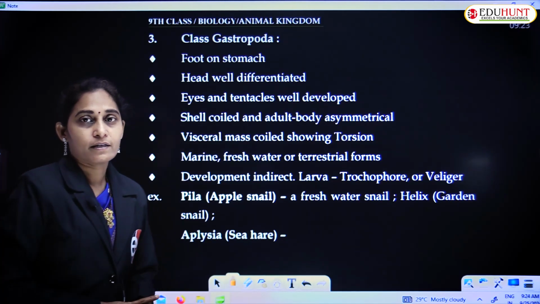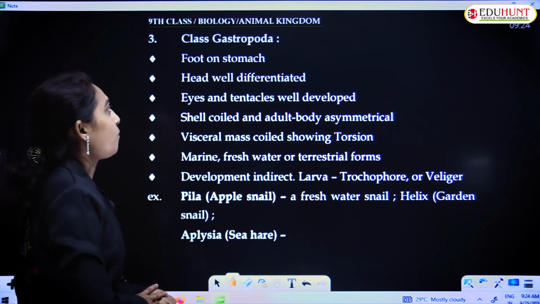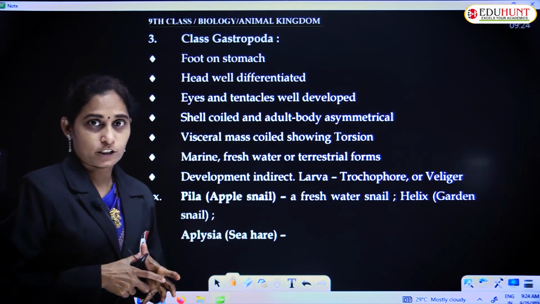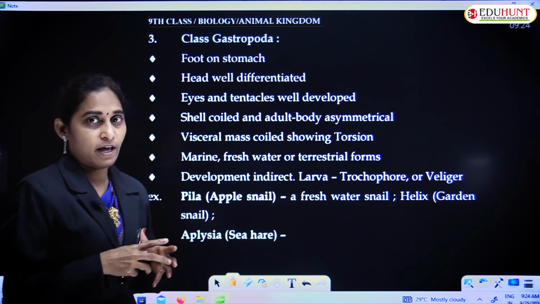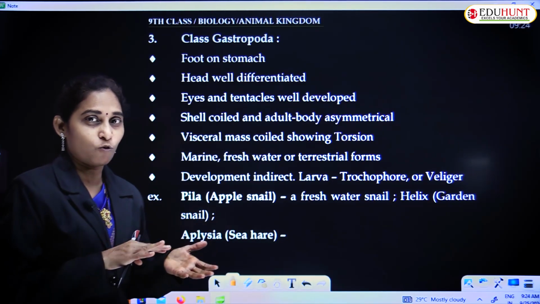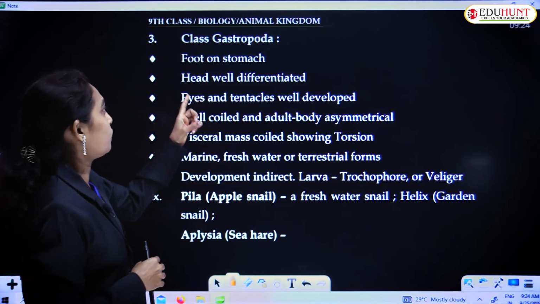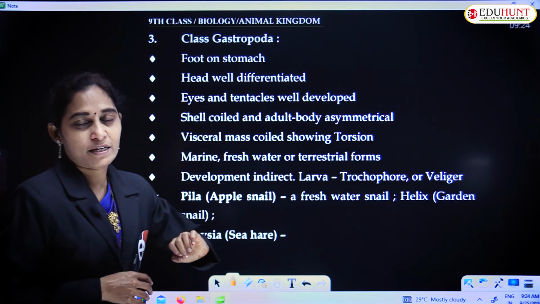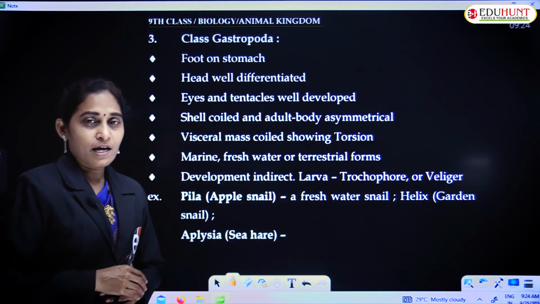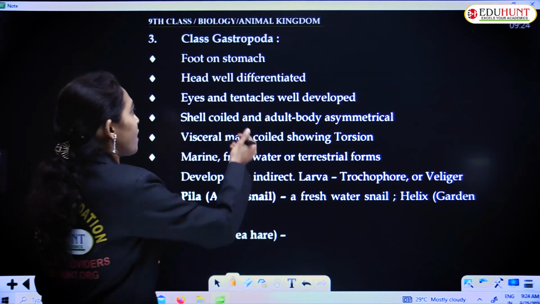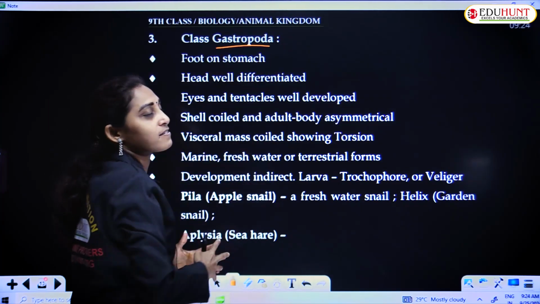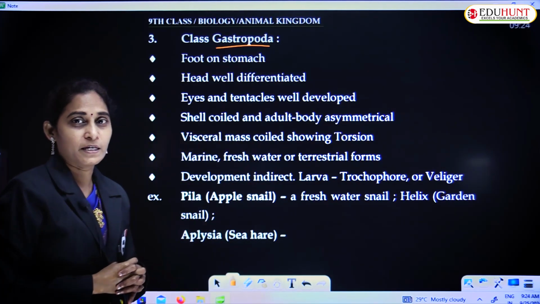Third is Gastropoda. Poda is nothing but foot. As we have seen, the body has foot, head and visceral mass. Gastro means stomach, and the foot is on the stomach. That is why it is called Gastropoda.